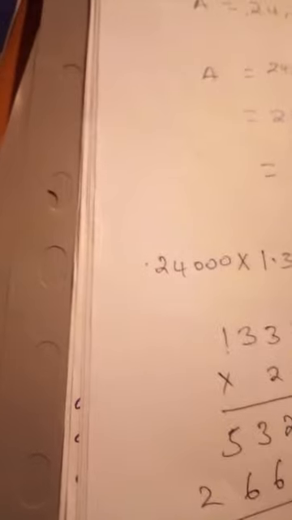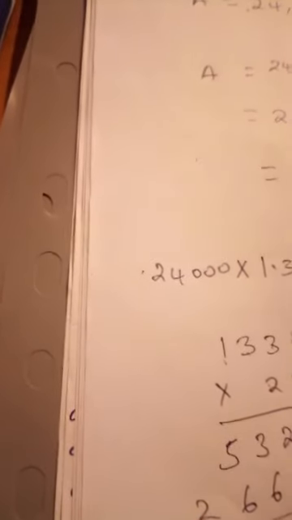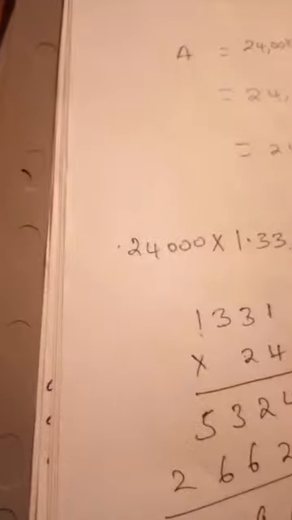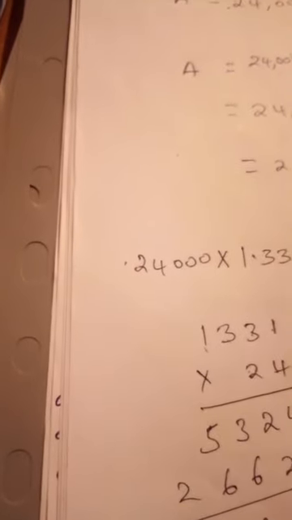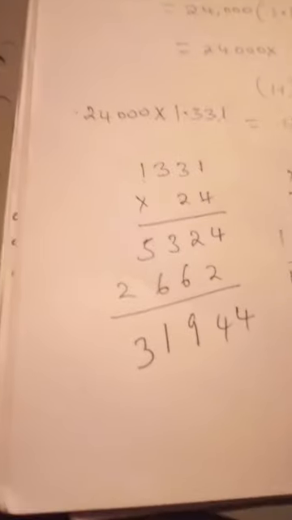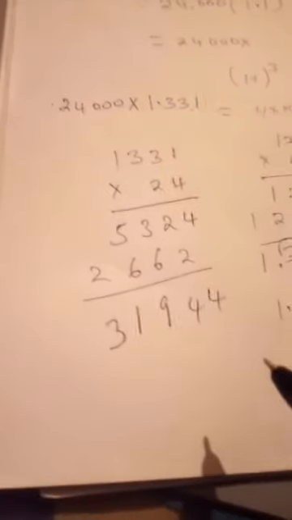So we have 31,944. What we have is the amount.